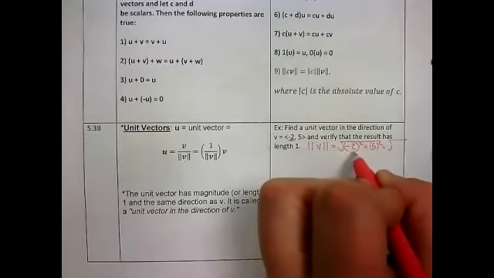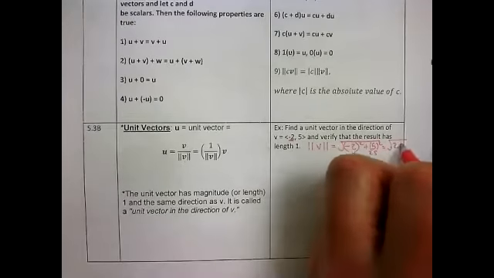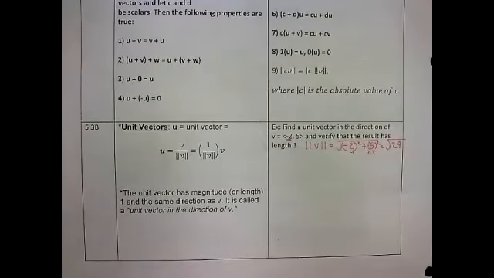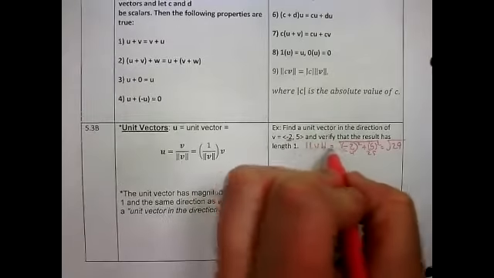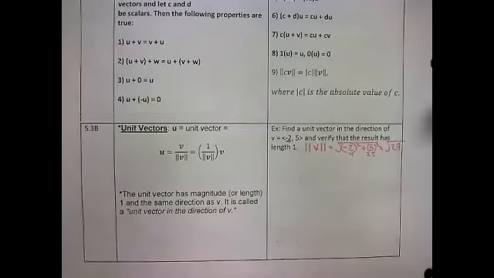So that's the square root of 4 plus 25, so it's the square root of 29. Some people are a little bit more concerned about leaving these in radical form. I don't care if you leave it in radical form or change it to a decimal. If you leave it in radical form, though, you do need to rationalize the denominator. We'll just leave this one in radical form for now.